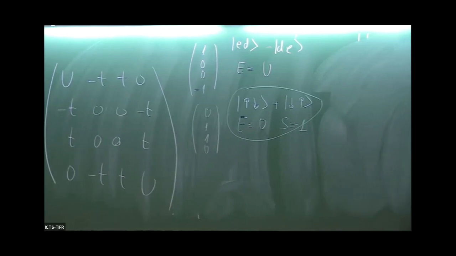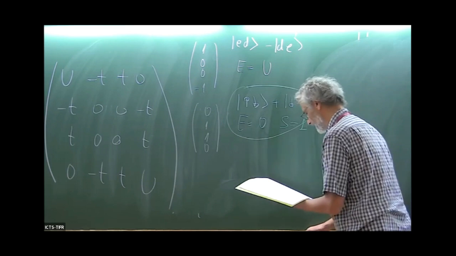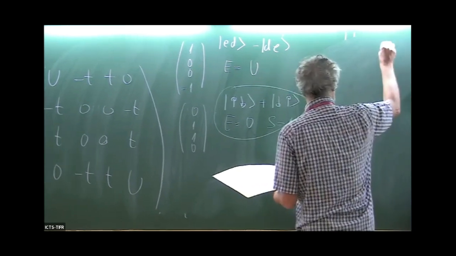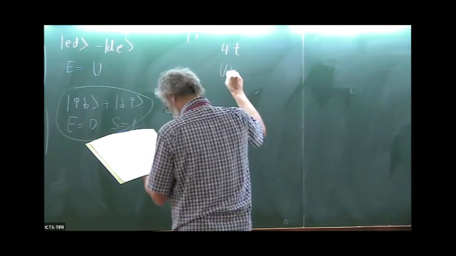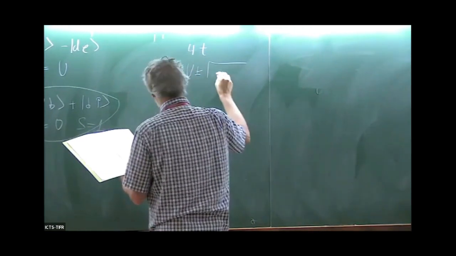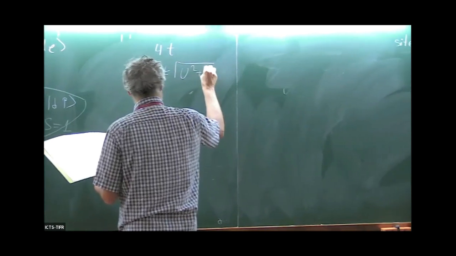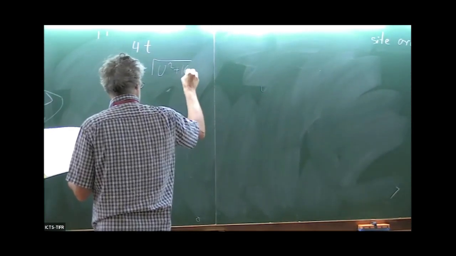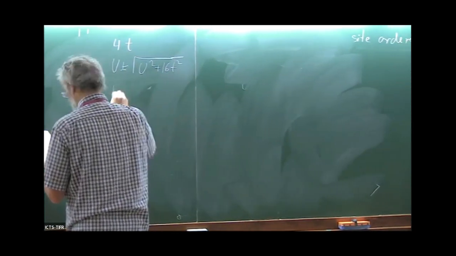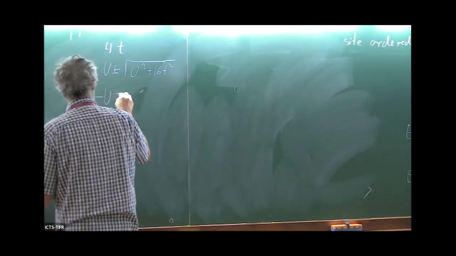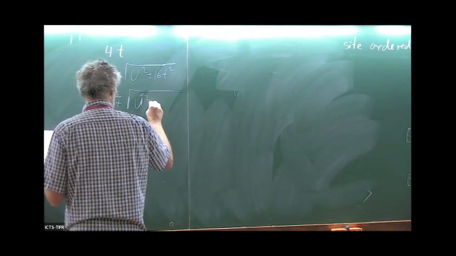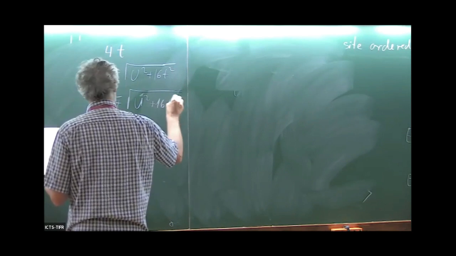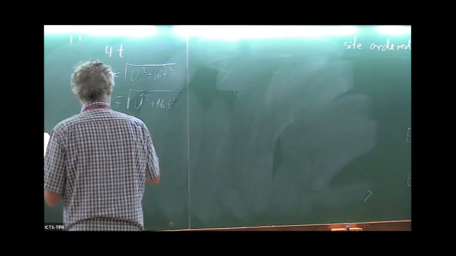The eigenvectors are not normalized. U plus minus square root of U square plus 16 t square, minus U minus plus square root of U square plus 16 t square, and 4t.